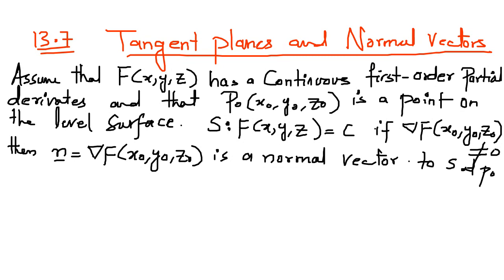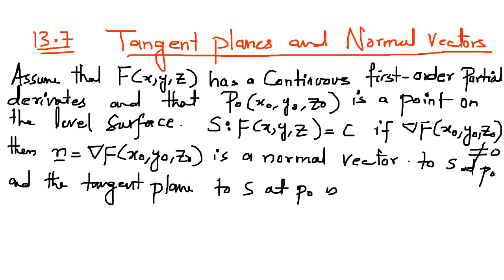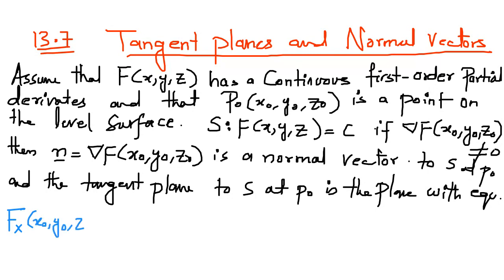And what is the tangent plane? The tangent plane to S at P naught is the plane with this equation: you have to take the partial derivative of the function f with respect to x at point x naught, y naught, and z naught, and multiply with x minus x naught.